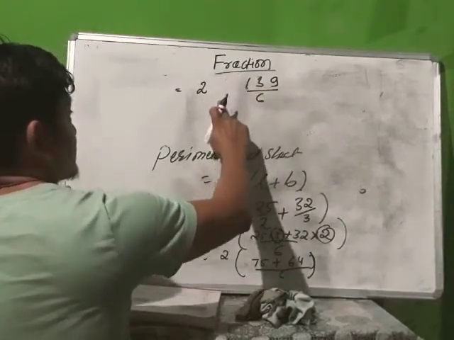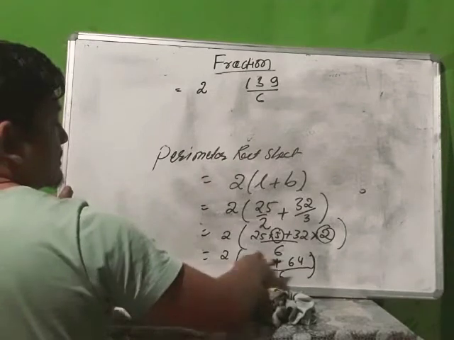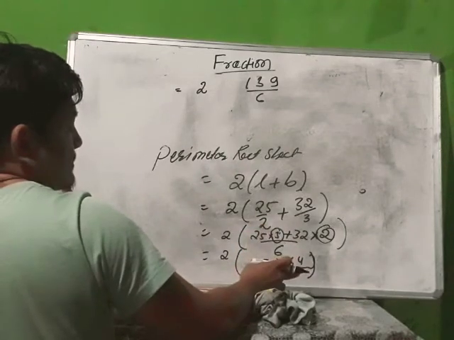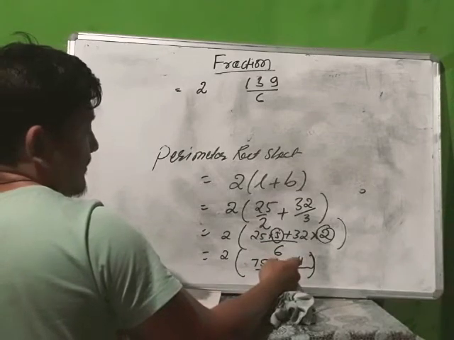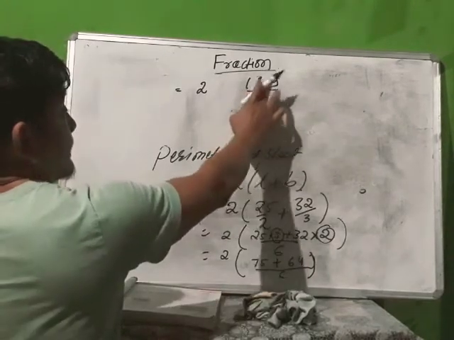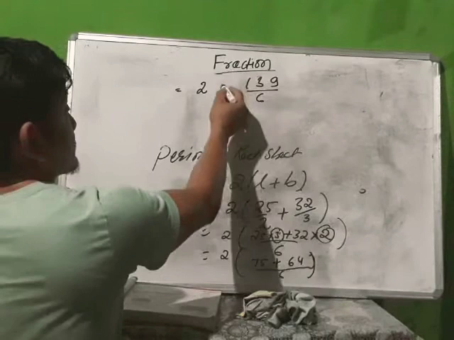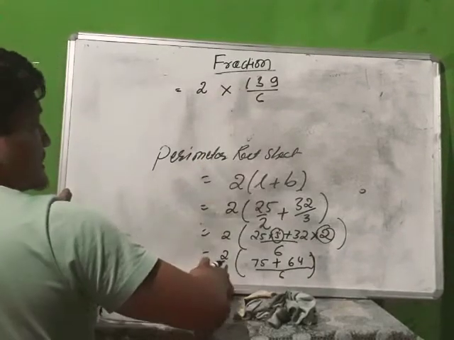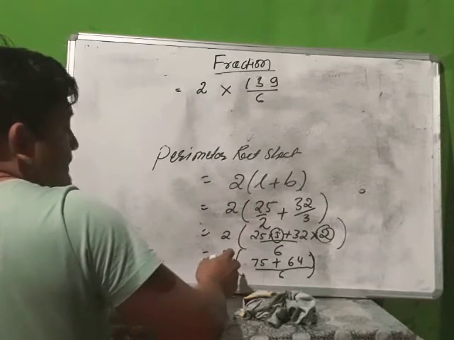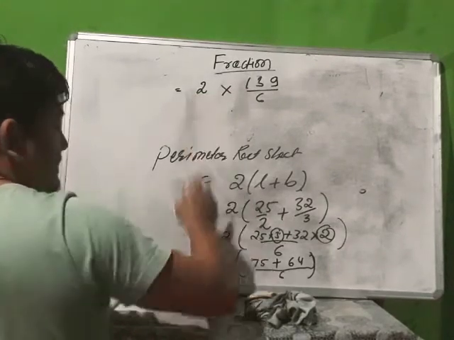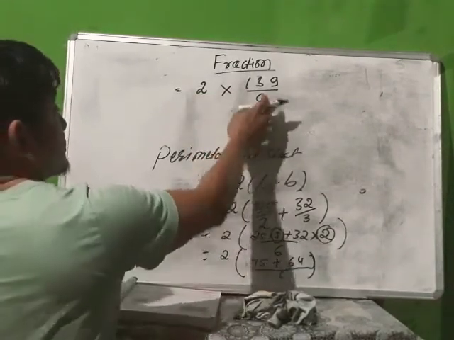Here you don't need to write the bracket. So the overall answer of the sum of the two improper fractions is 139 by 6. You can write a multiplication sign here. The 2 is there, so you can't just leave that 2 here. You have to bring that 2 along with the given solution.